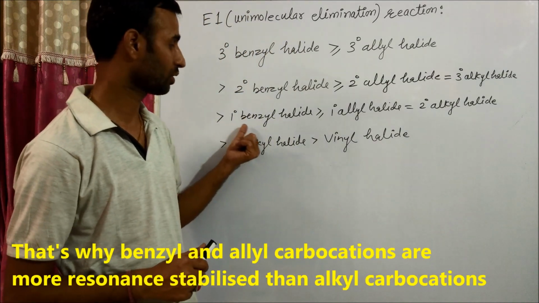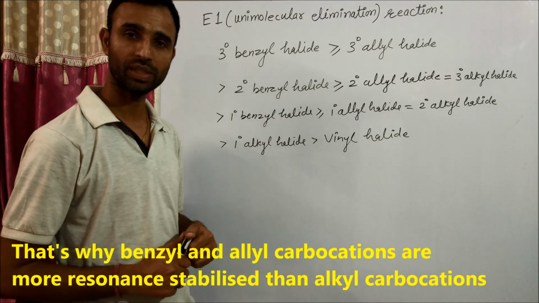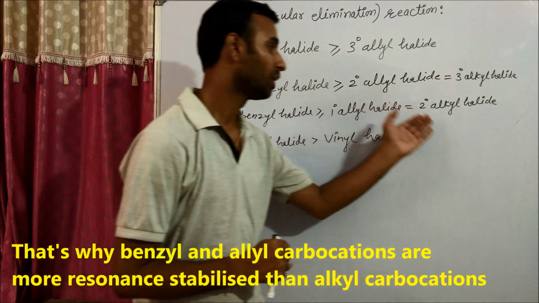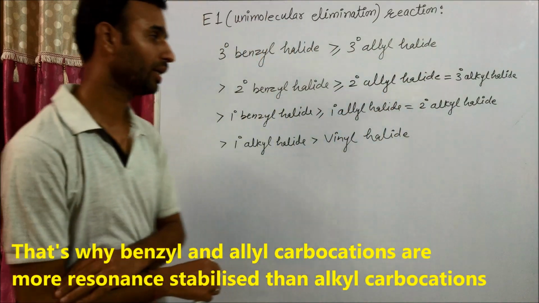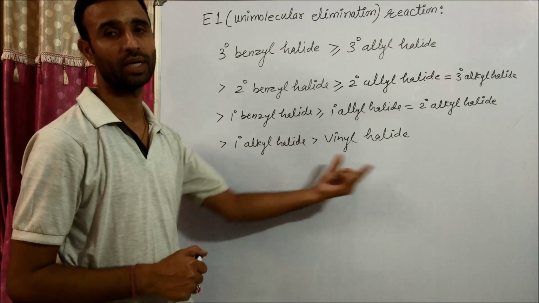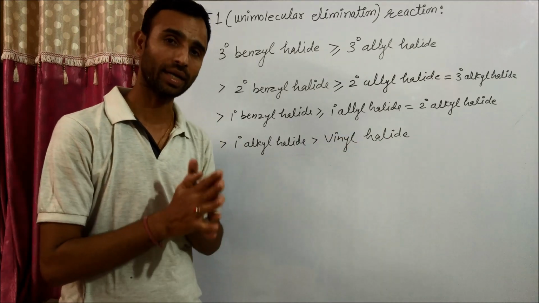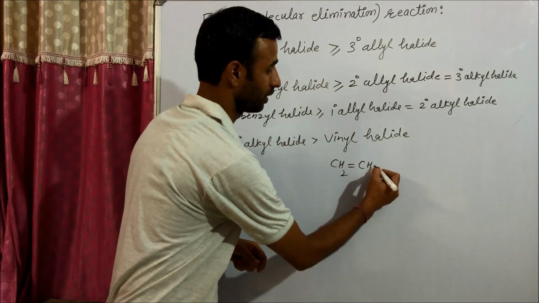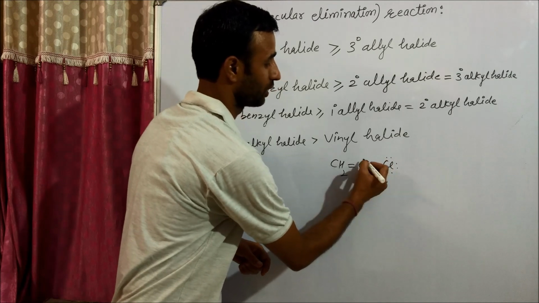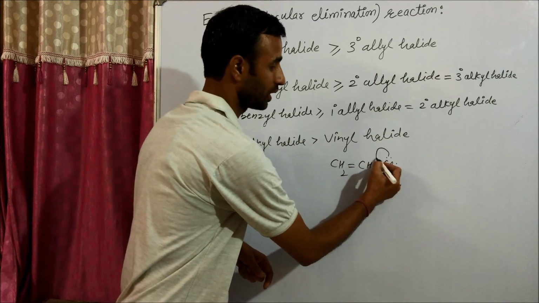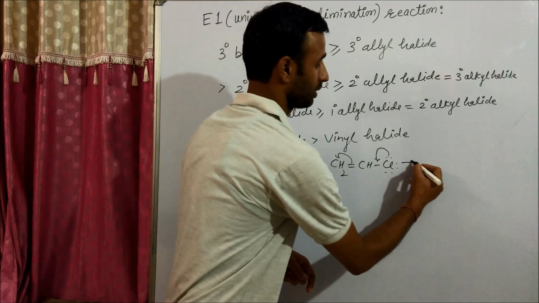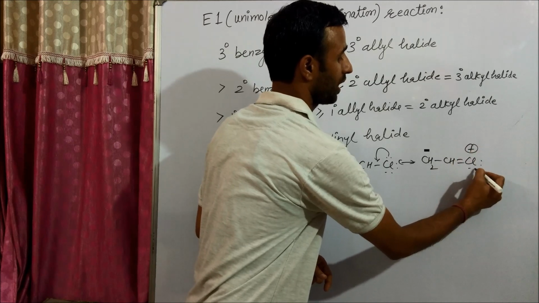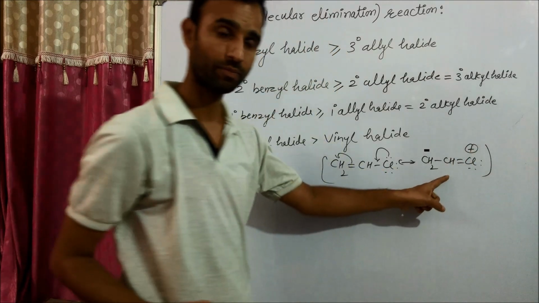Then it is the turn of primary benzyl halide, which is slightly greater than or equal to primary allyl halide, equal to secondary alkyl halide, and then primary alkyl halide, and at the end vinyl halide, because in vinyl halide, breaking of the C-X bond is very difficult because it has double bond character due to the +R effect of chlorine.